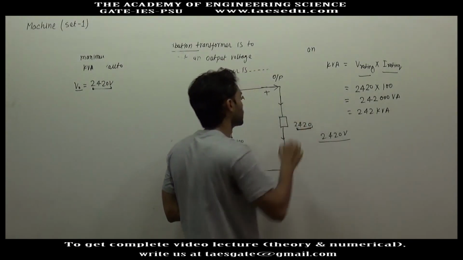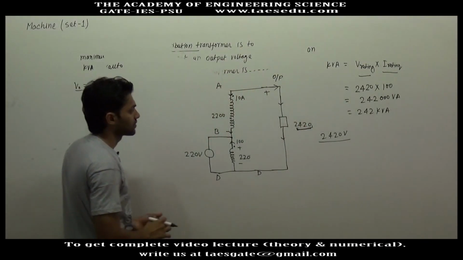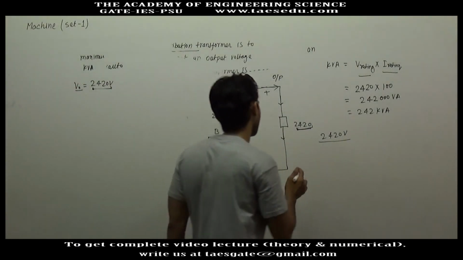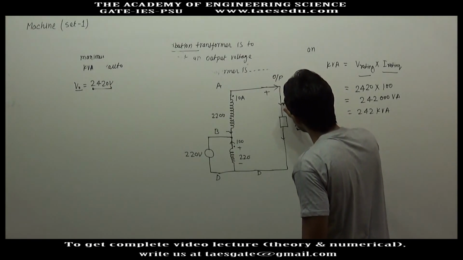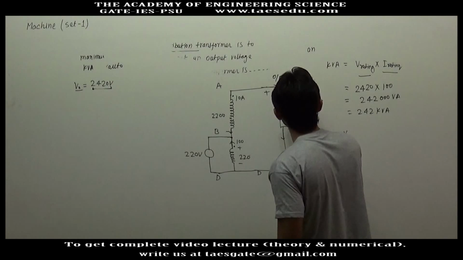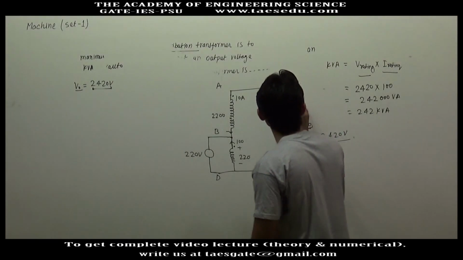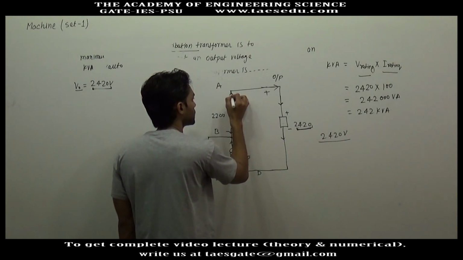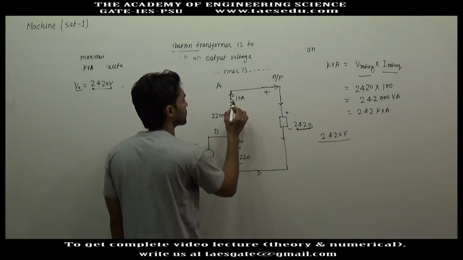Or for better reference, we have a habit that current flows into the load. So let's say 10 ampere current is flowing out of this dot.